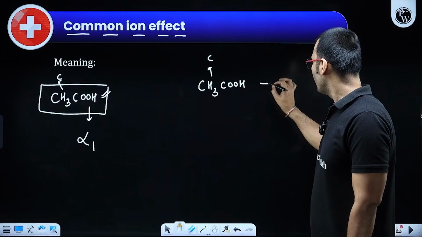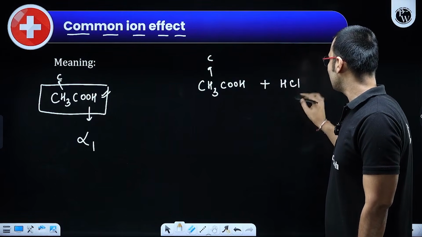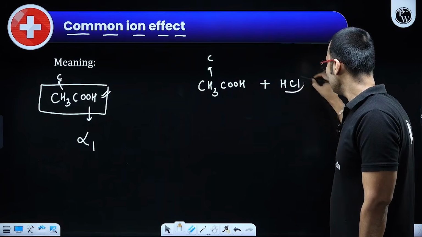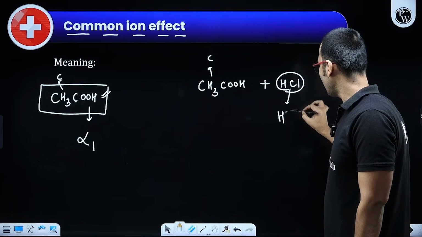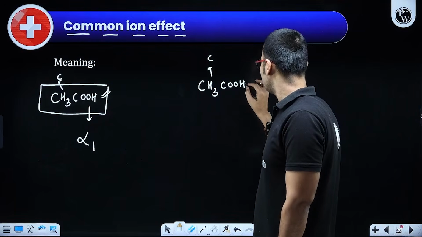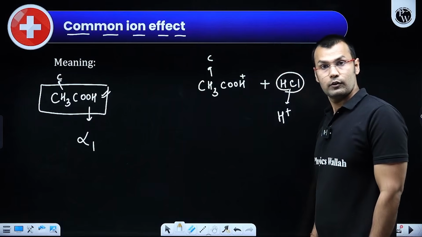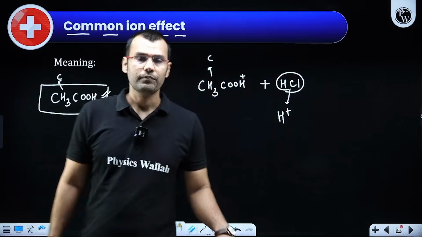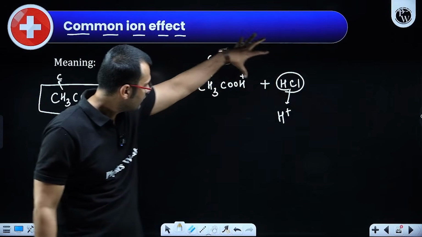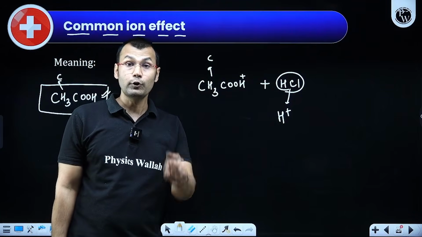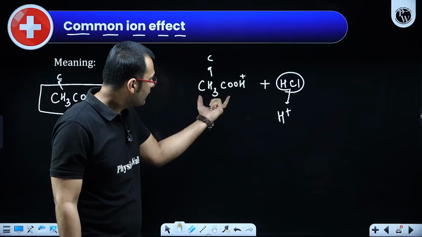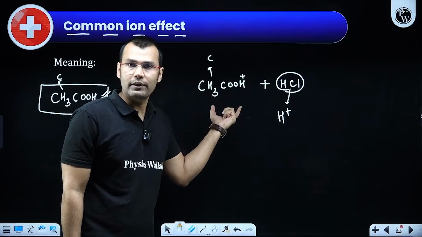If I add strong electrolytes like HCl, H2SO4, HNO3. So point is, HCl will give you H plus ion, and acetic acid also gives H plus ion, right? So here H plus ion will be common. So when I add HCl in the solution of acetic acid, due to presence of common ion, that is H plus ion, the degree of dissociation of this acid will be suppressed, right?